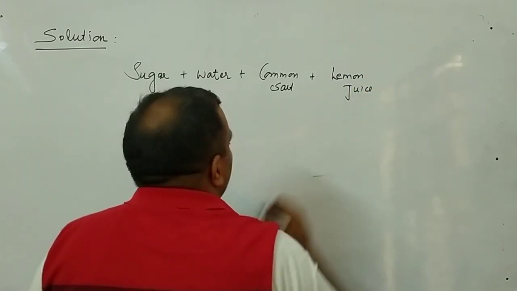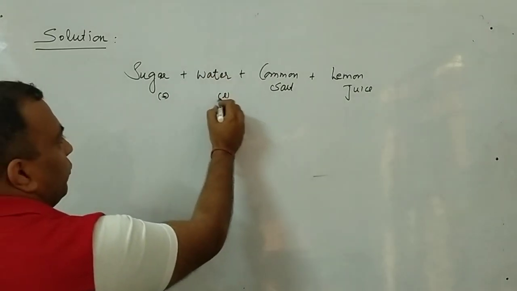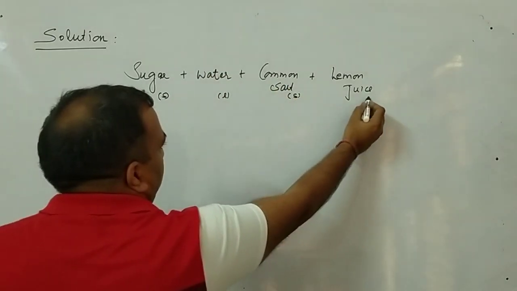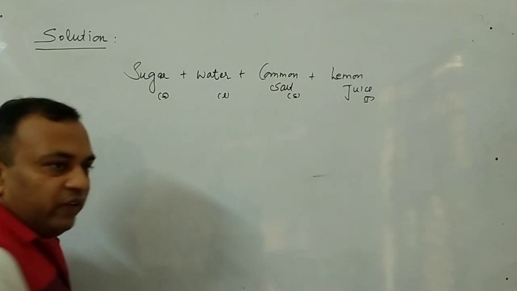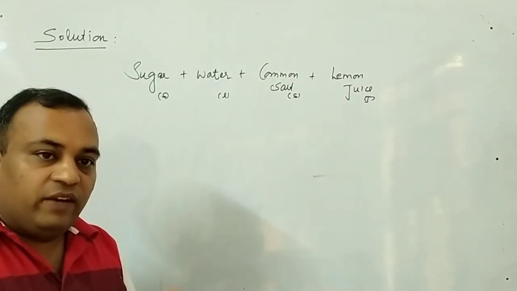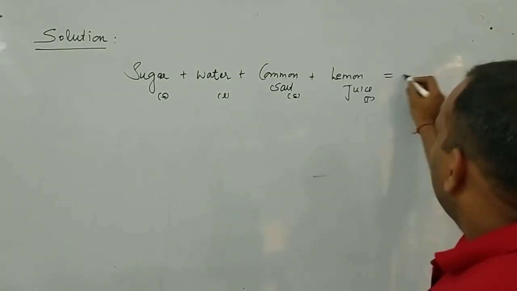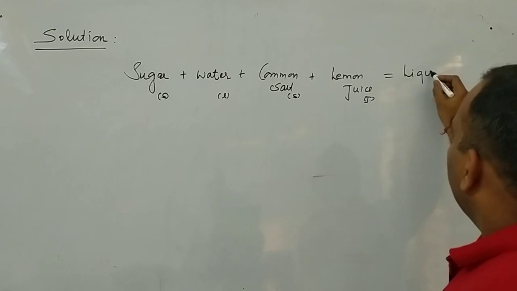Now listen students, the state of sugar is solid, water is liquid, common salt is solid, lemon juice is liquid. Means we are having two states, solid and liquid. But when we mix them, then what will I get? The whole solution comes out to be in liquid state.